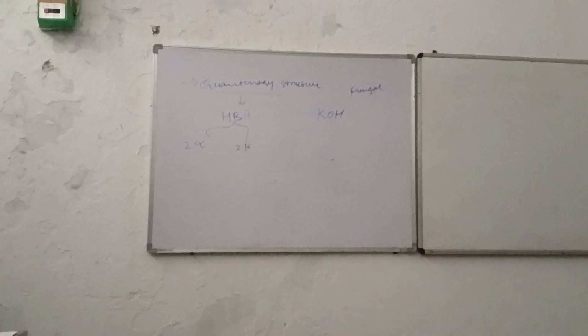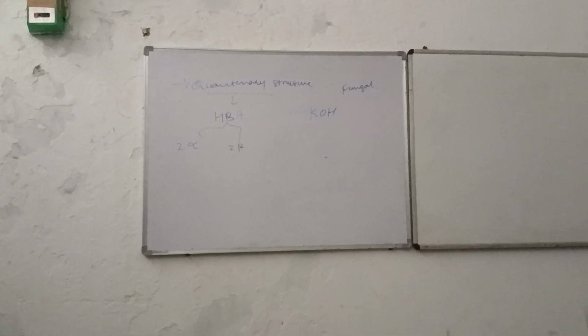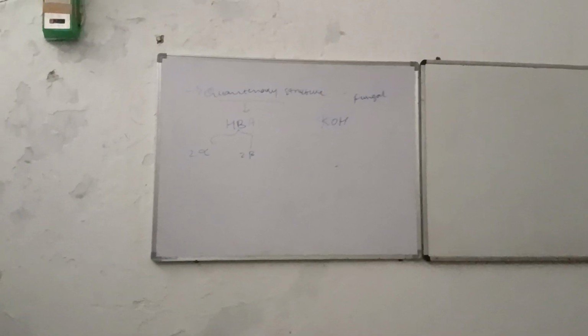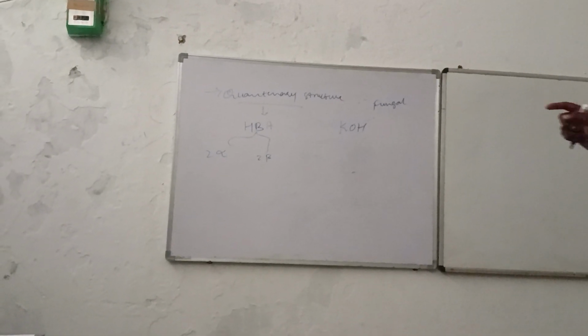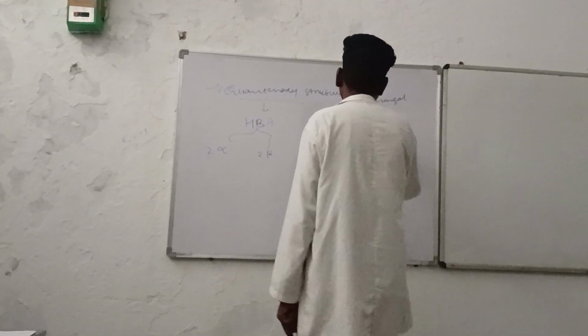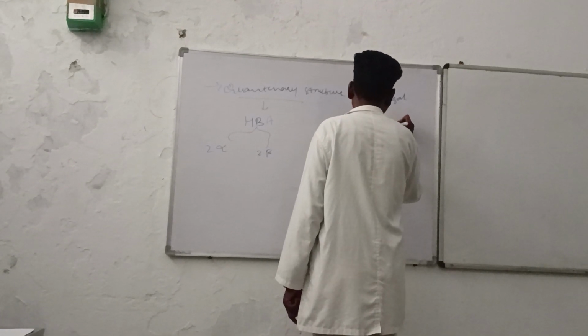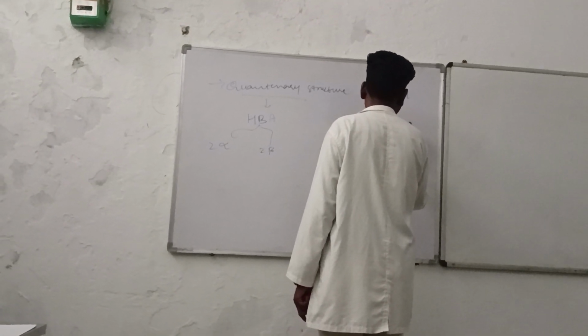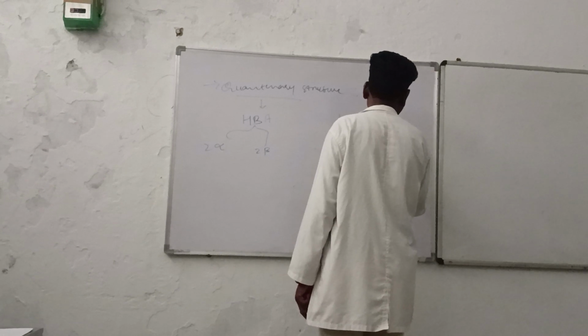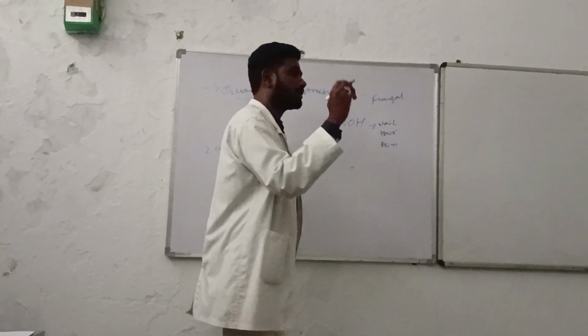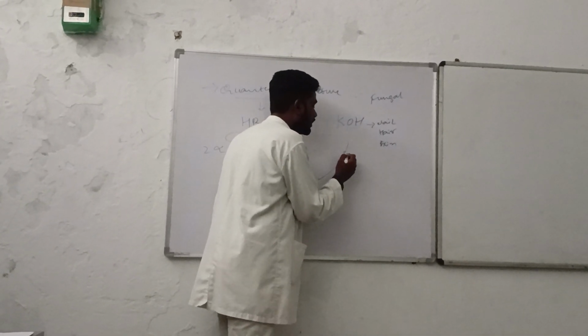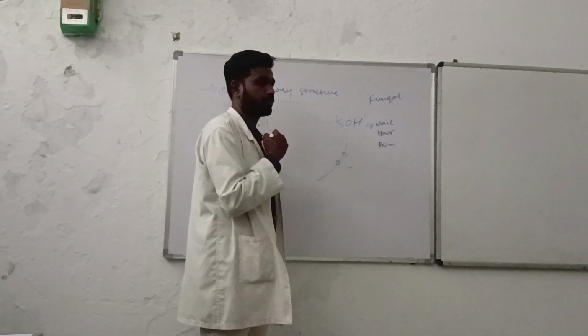Now this KOH mount, potassium hydroxide mount, is responsible for dissolving the keratin which is present inside your hair, nail and skin. Look, this is the hair, here the fungal things are there.